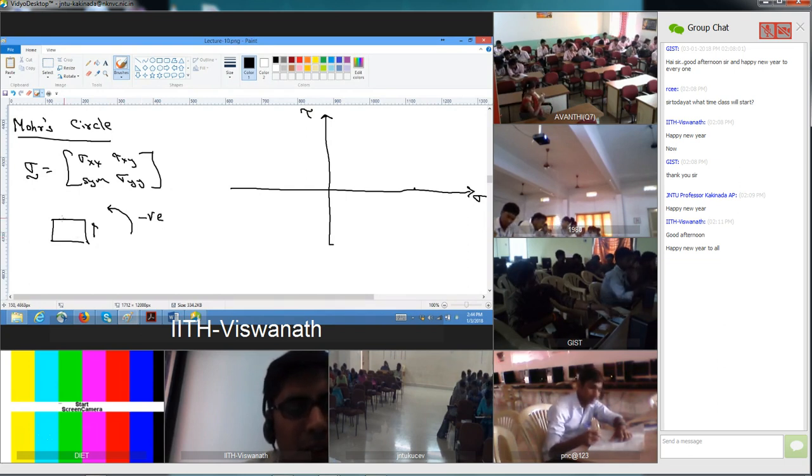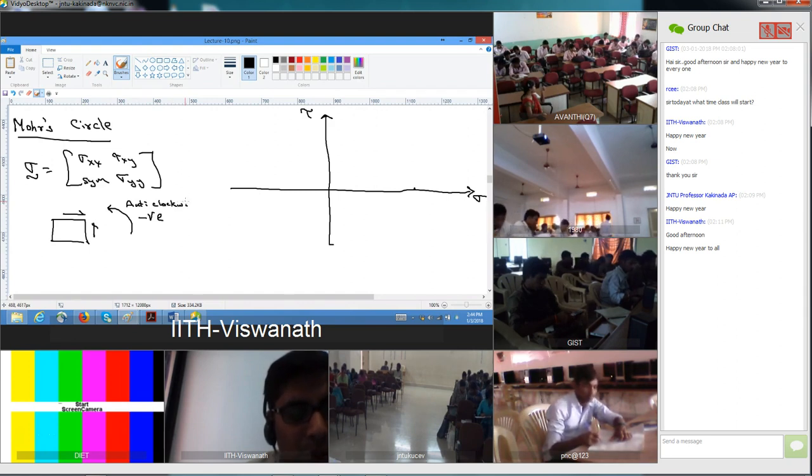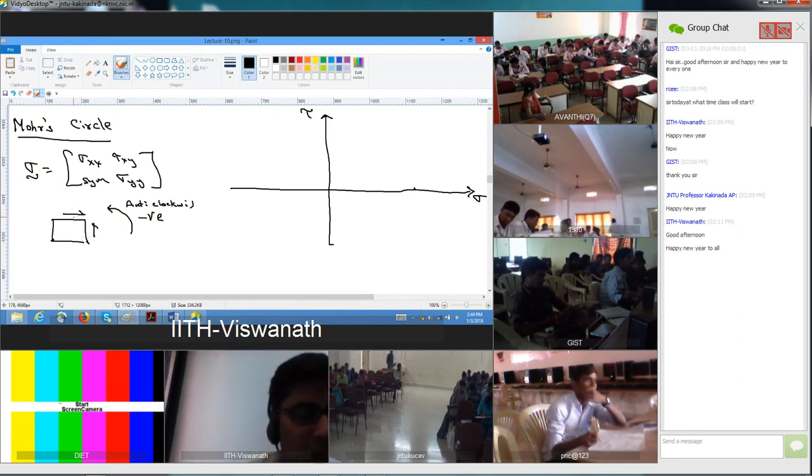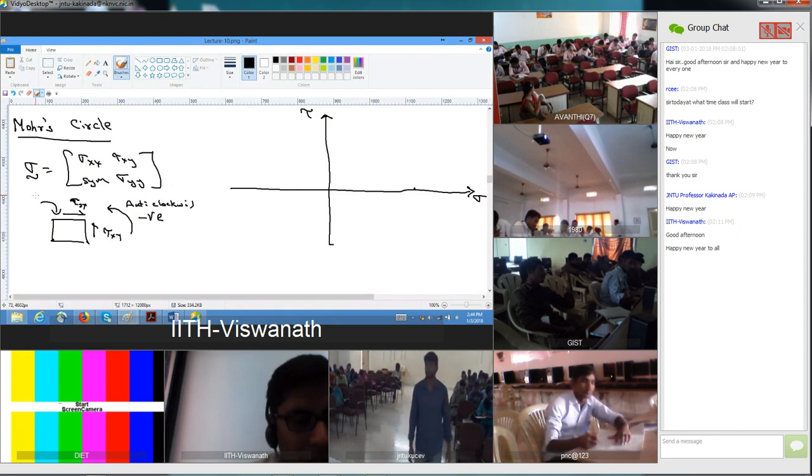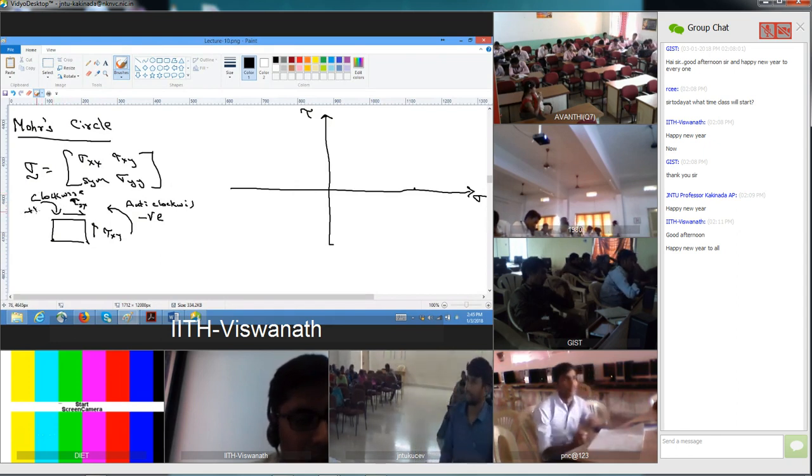The shear stress which gives, so this is anti-clockwise. So you take a moment about this point. About this point, this would be rotating the box in the anti-clockwise. If you take this one with respect to this, which is tau yx, this is tau xy, this would be rotating in the clockwise manner. This is clockwise.